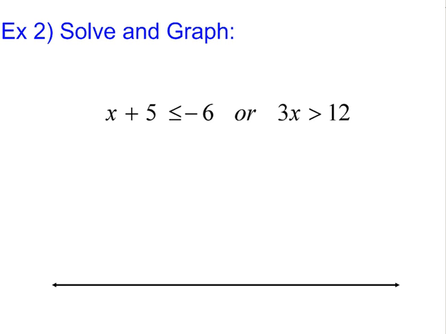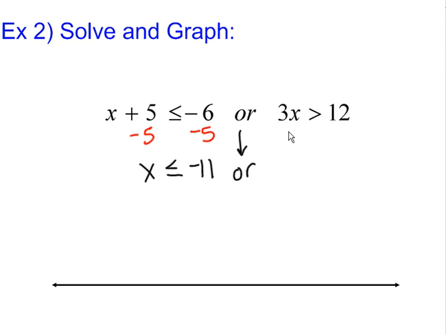So let's take them one at a time, since we can't combine them because they're not the same. So let's do this first one on the left, and let's subtract 5 from both sides. Subtracting 5 does not flip the sign over, so we leave the x less than or equal to -6 minus 5, which is -11. Or, we've got to bring that word or down with us, right? Because it's going to be our solution here.